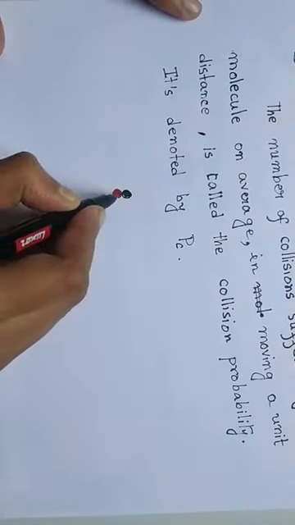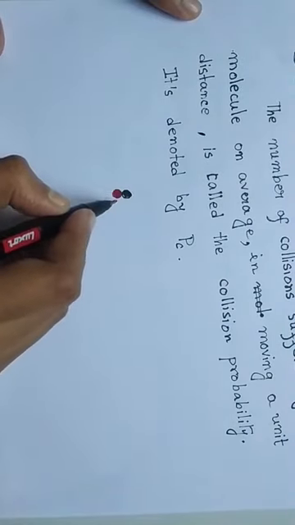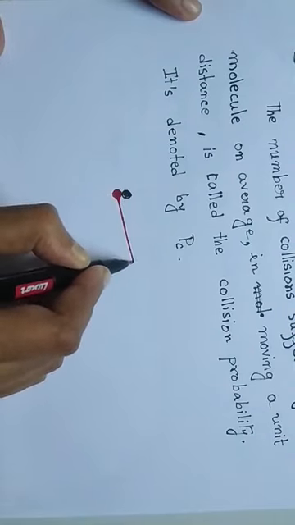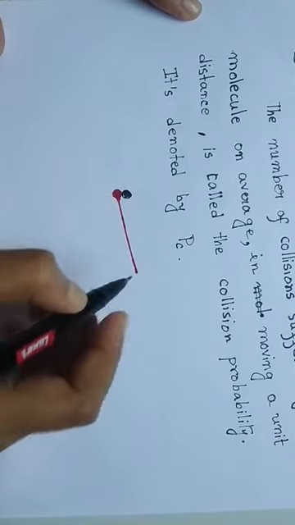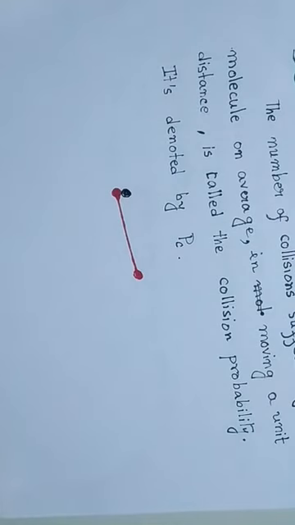At this point this red molecule collides with the black molecule, and after that it is moving in this direction. After reaching this point over here it will collide with another molecule.